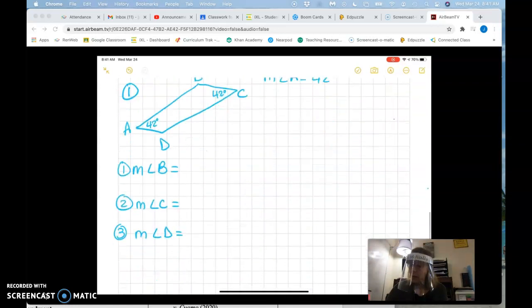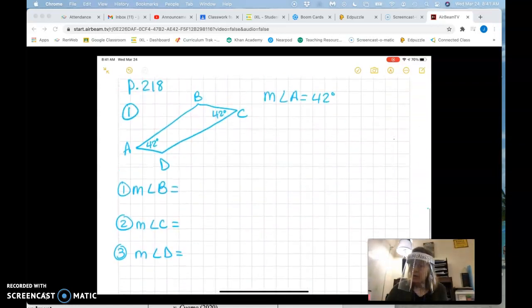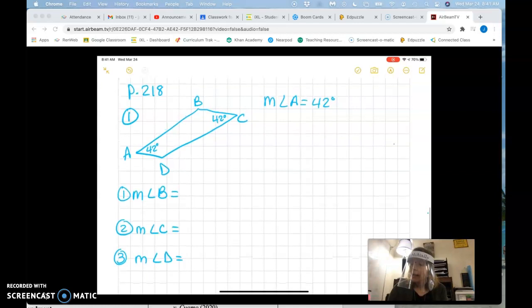So I can look at my parallelogram and I know that the angle across from A is going to be the same size, 42 degrees. Now, we already talked about how all the angles in the parallelogram add up to 360 degrees. So how can I find what angle B and D equal?